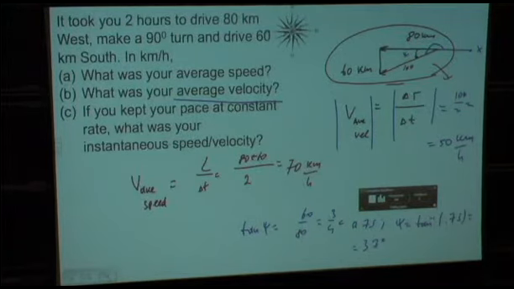People usually forget that a 3-4-5 triangle and a 30-60-90 triangle are completely different triangles. This is a 3-4-5 triangle. The angles inside are kind of weird, 37, 53. So you cannot assume that if you look at a 3-4-5 triangle, it's a 30-60-90 triangle. No, it doesn't work. 37, okay.